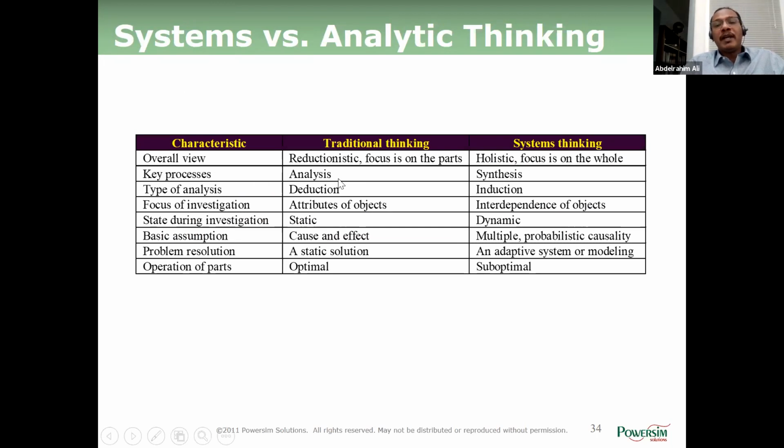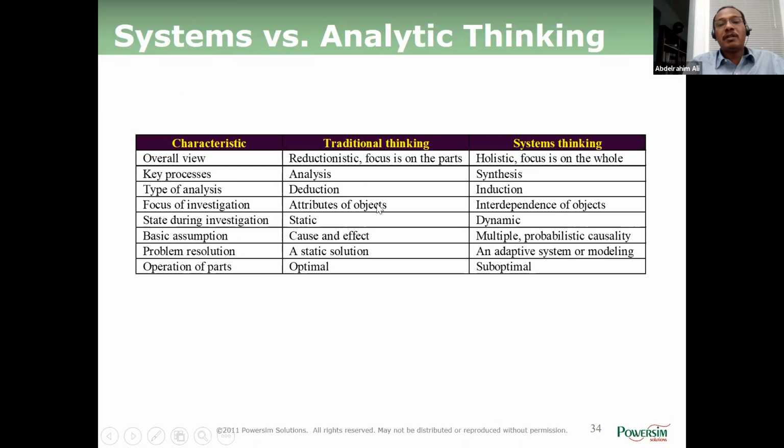The key process in traditional thinking is analysis. The key process in systems thinking is synthesis, because you would like to see and create the relationships and the direction of the relationship between the parts. The type of reasoning here is deduction, and the type here is induction of new things.